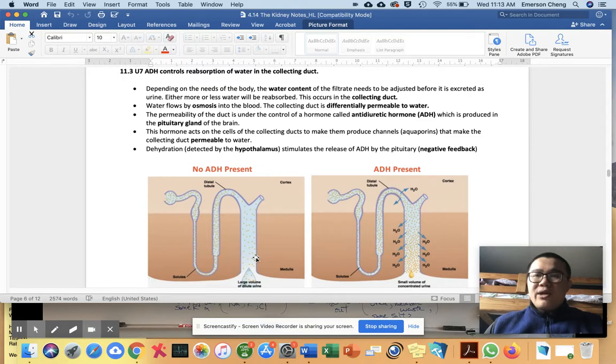We're trying to adjust how much water we want to get rid of or not. Normally, we try to reabsorb a lot of water to the surrounding tissue, so your pee is actually more concentrated.